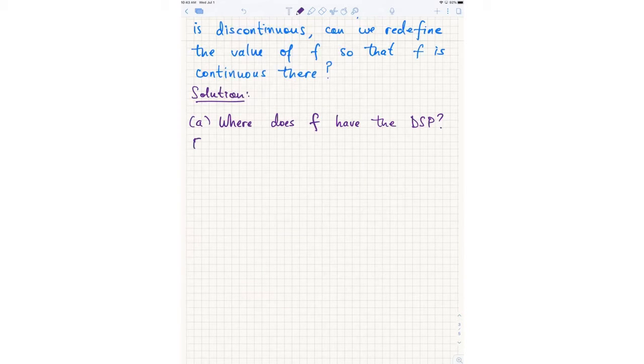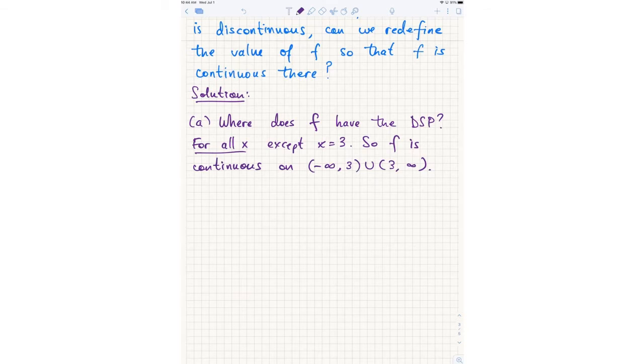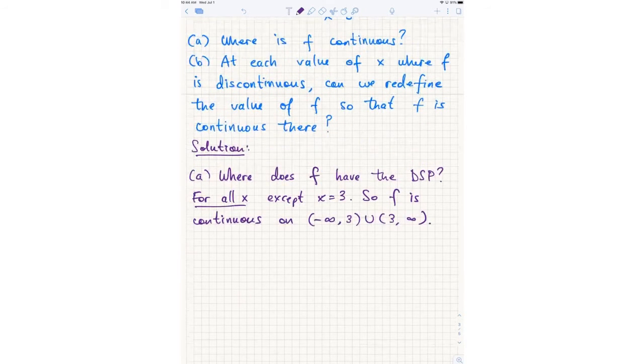So for all x except x equals 3, we can say f is continuous on the set minus infinity to 3 union 3 to infinity, right? When I ask you where something is continuous, I always mean a set of x values.